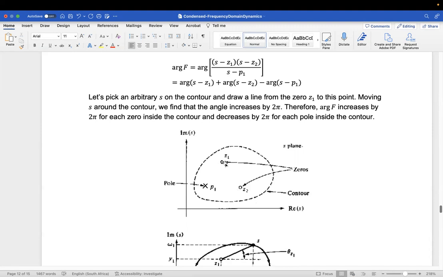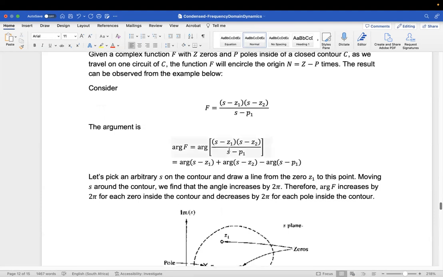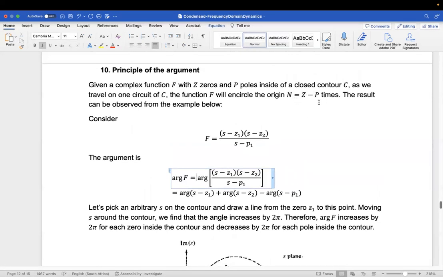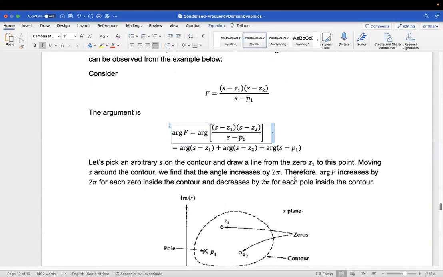Then if there are these 2 zeros and this 1 pole here, then as we travel around these S values, our f function is going through its own real and imaginary numbers, and f will actually encircle the origin 2 minus 1 times. So that's what the principle of the argument says, that f will encircle the origin z minus p times, where, of course, z is the number of zeros and p is the number of poles.